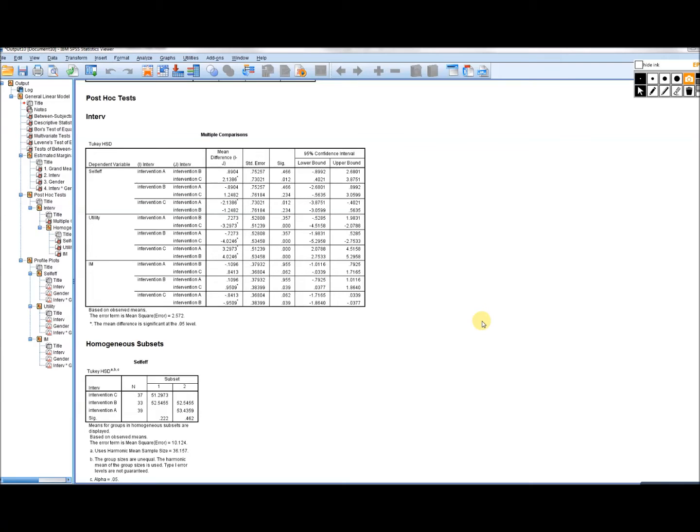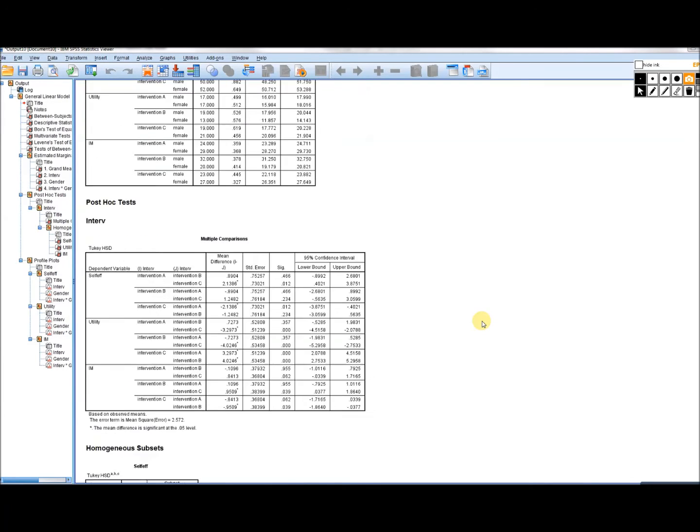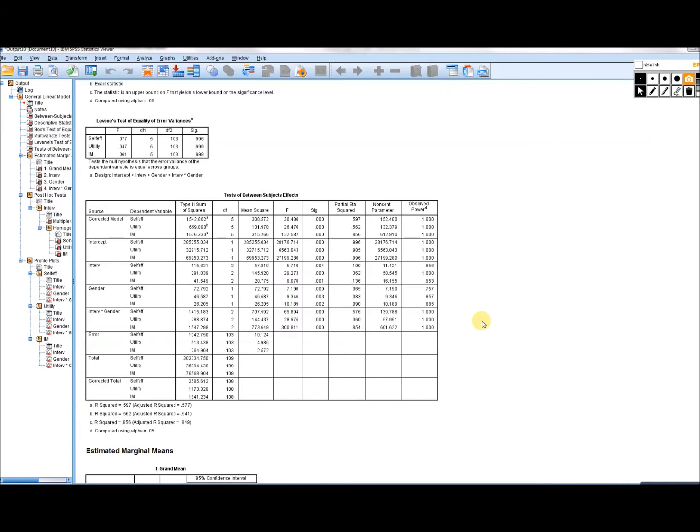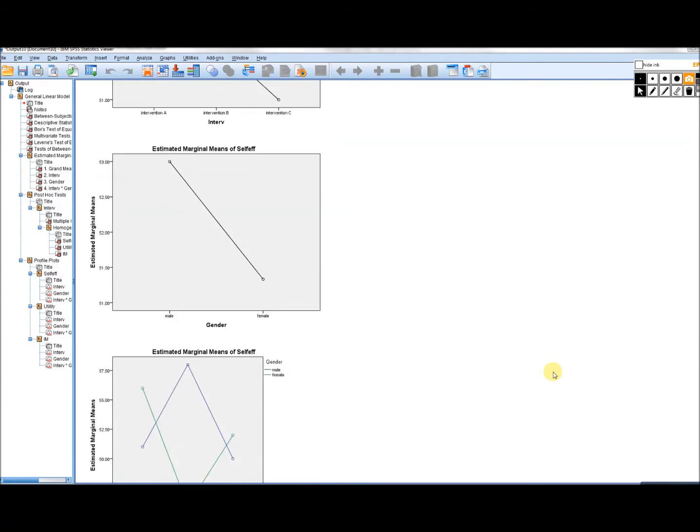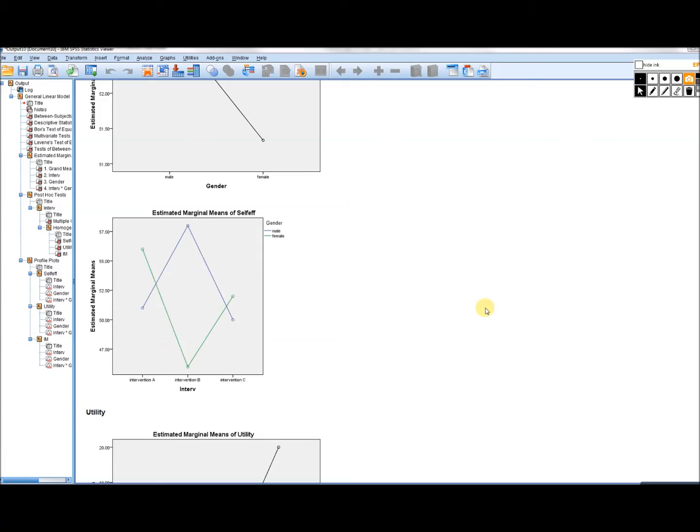Now, if I want to unpack the interaction effects, so back up here where we see the interaction term and its relationship to each of the dependent variables, I stated in the previous video that I could describe those interactions just by going to the profile plots that I request in SPSS.